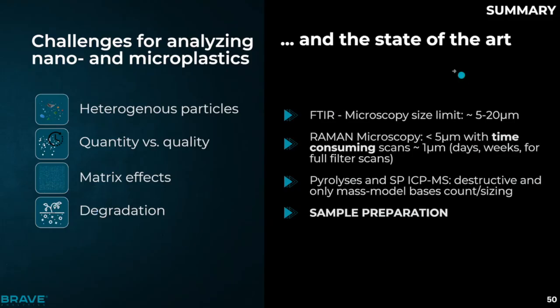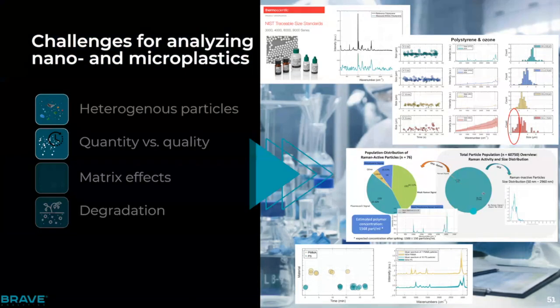And I hope I could show you that there might be a way with OF2I Raman to break the size limit, to do this in a very fast and not as time-consuming way, and to still get size distribution, but also counting information in a very statistical manner, with a minimum of sample preparation.